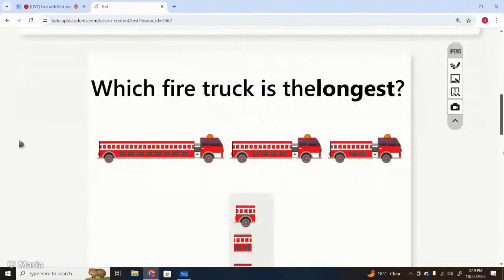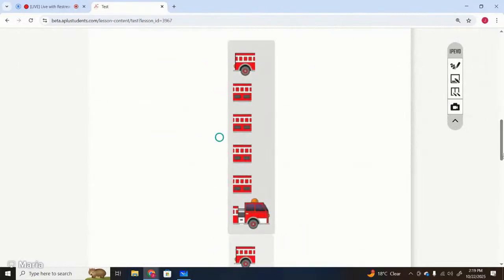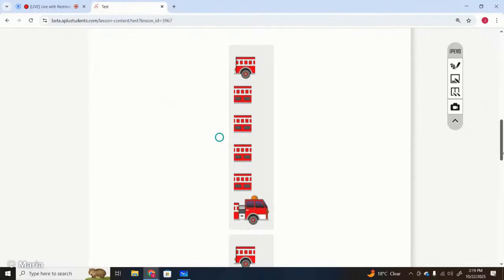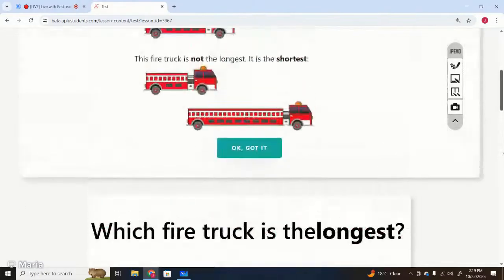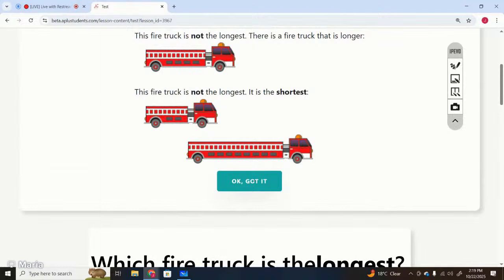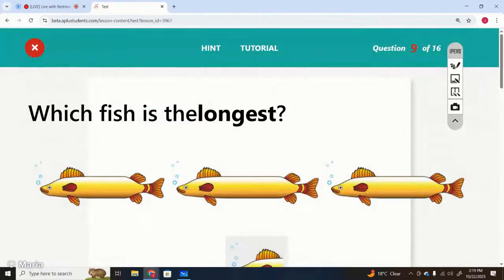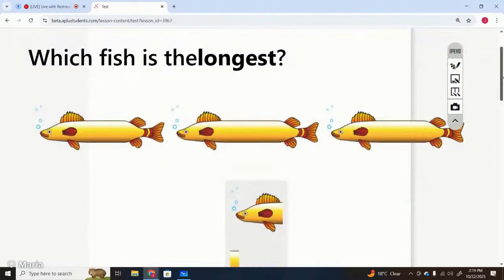The longest one we need to find. Which fish is the longest?